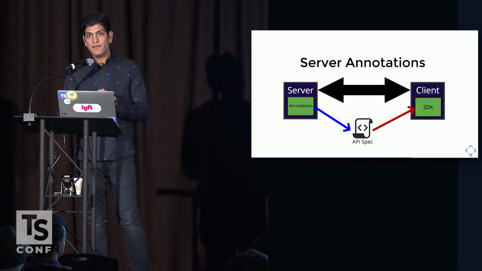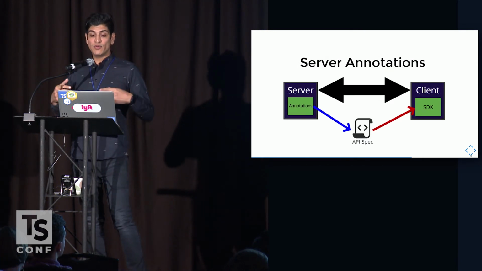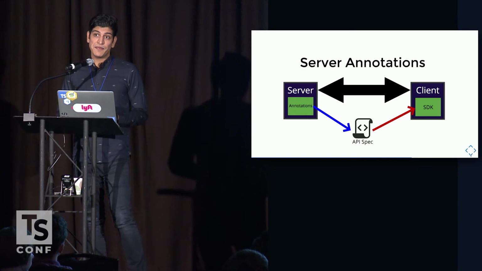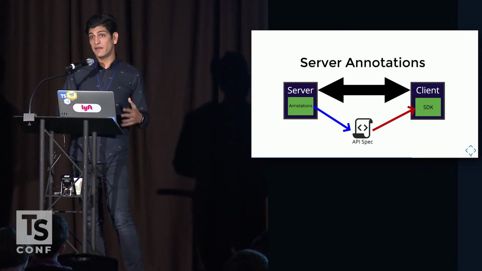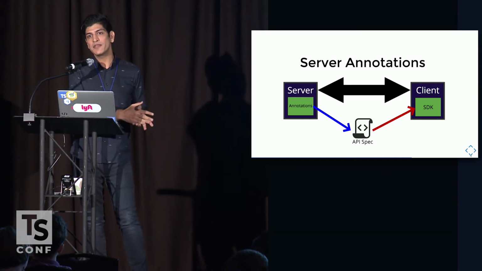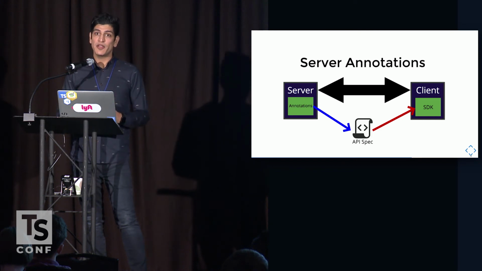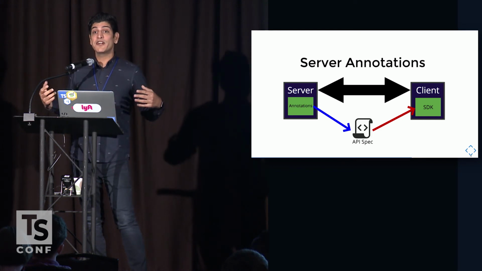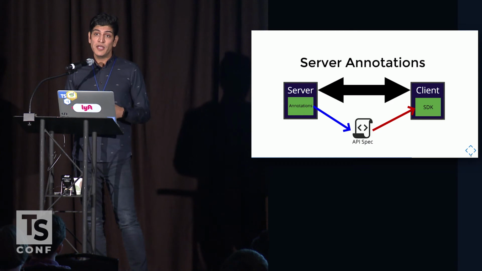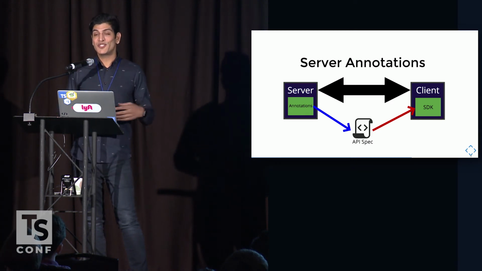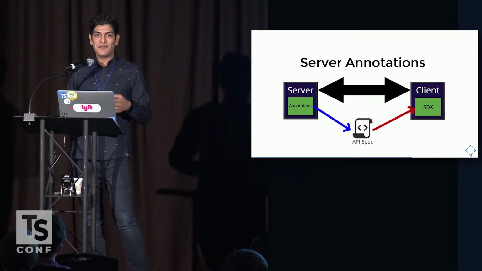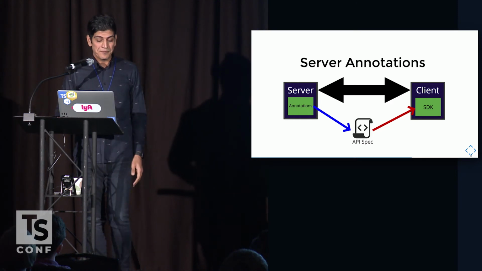So what we can do better is to generate this API specification out of the code itself. Because hopefully the code in the backend is well typed, and you can just extract those types from the backend code and generate this nice API documentation, so that every time you update the backend code, it automatically generates a new API specification, which generates a new SDK, so everything just works very beautifully.